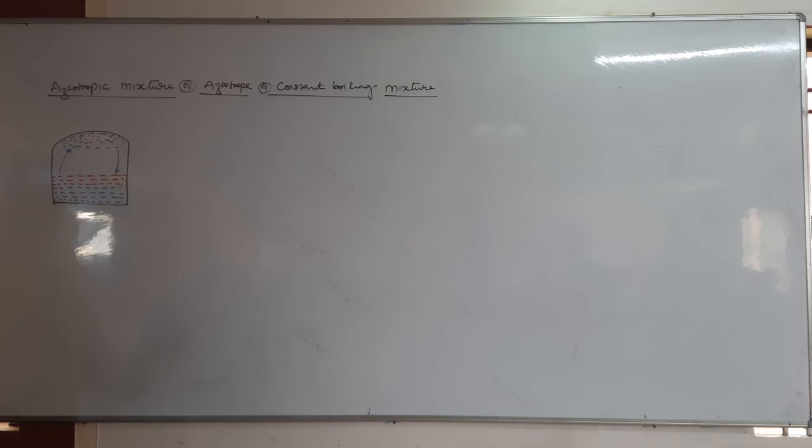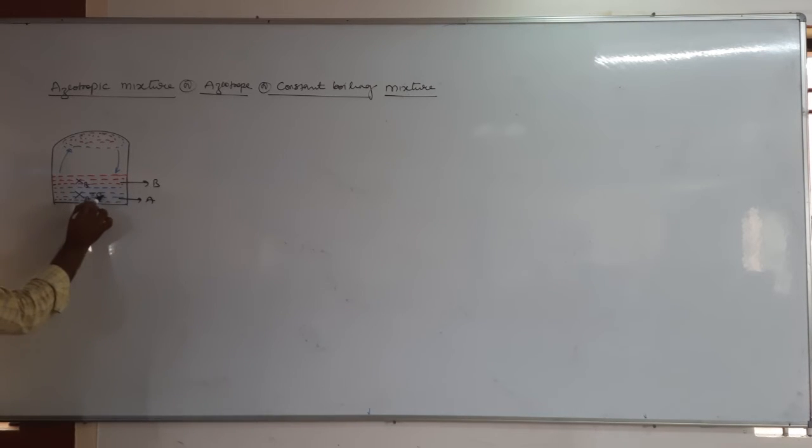Now what is an azeotropic mixture? An azeotropic mixture is a binary solution which has the same composition in liquid state as well as in vapor state. Same composition. So what is the meaning of composition? Mole fraction. Suppose liquid A, liquid B. In liquid state, the mole fraction of A is XA and of B is XB.